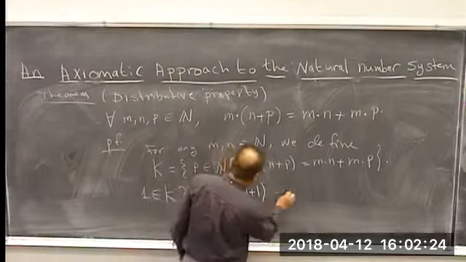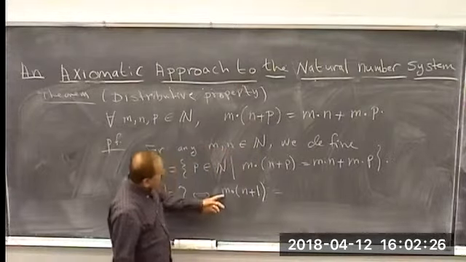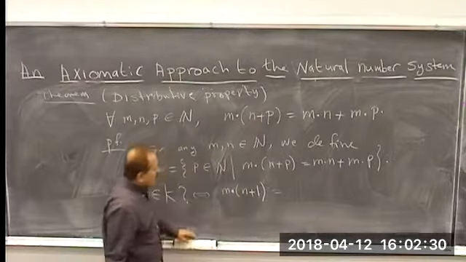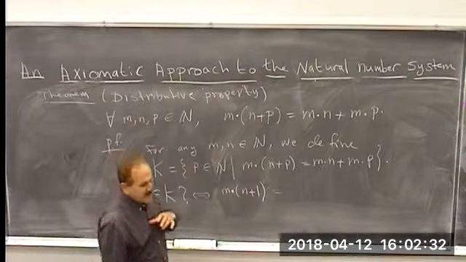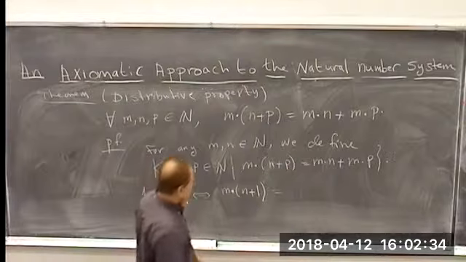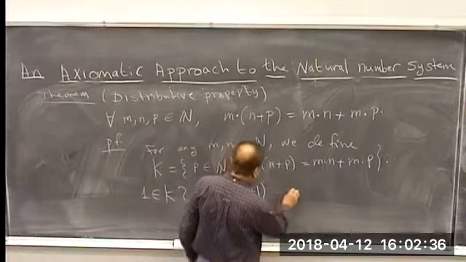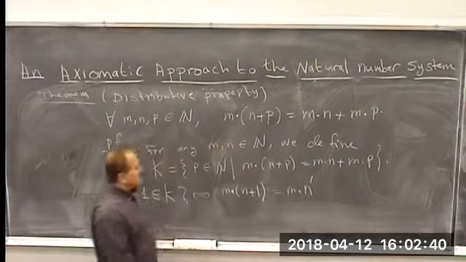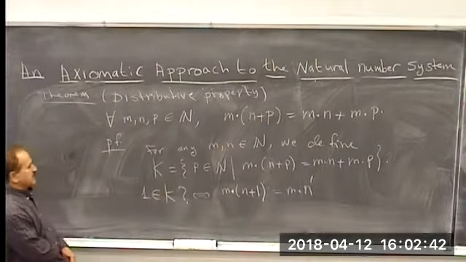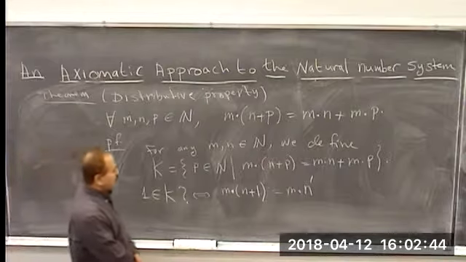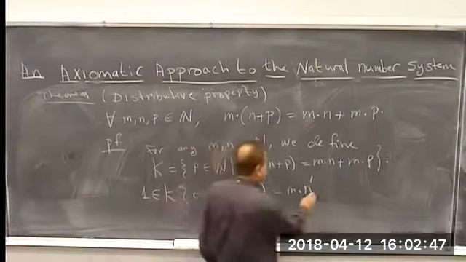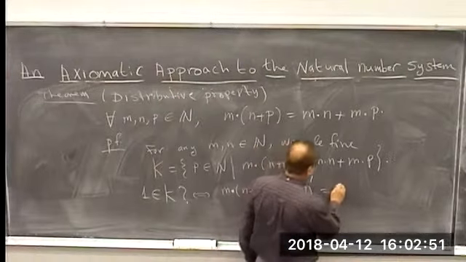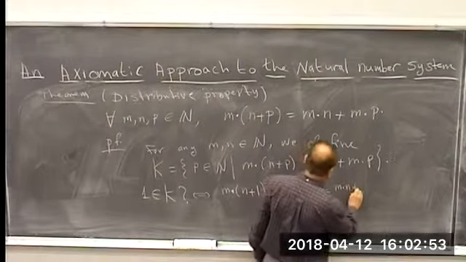Well, this is equal to some multiplication of m and n plus 1, and I can write this as m times the successor. I replace n plus 1 by the successor. And now, by the definition of a product of m and the successor, remember this is m times n plus m.